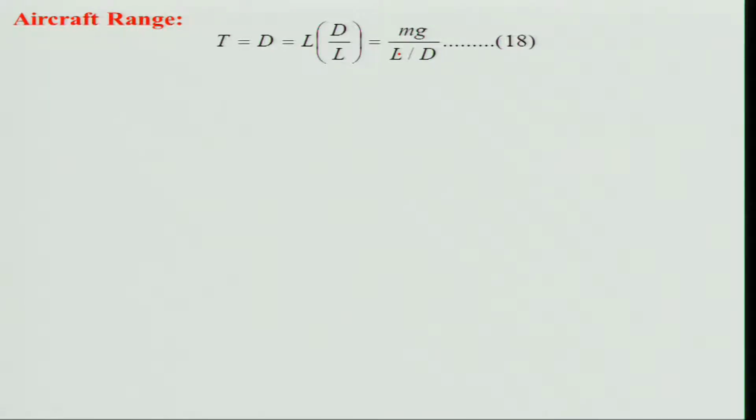So, what we will have to do now is find out the thrust power, how much power is produced, and by definition thrust power is equal to thrust into the flight velocity.